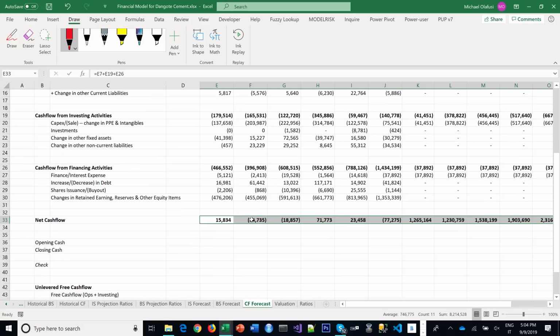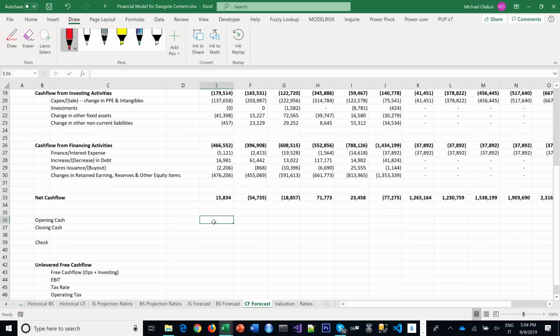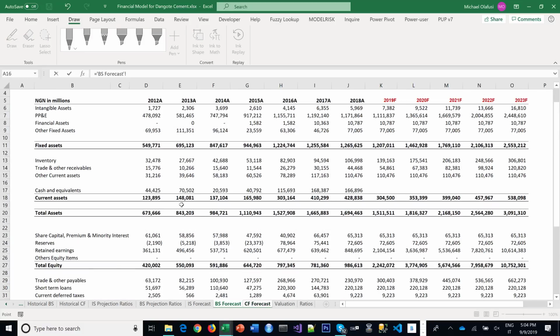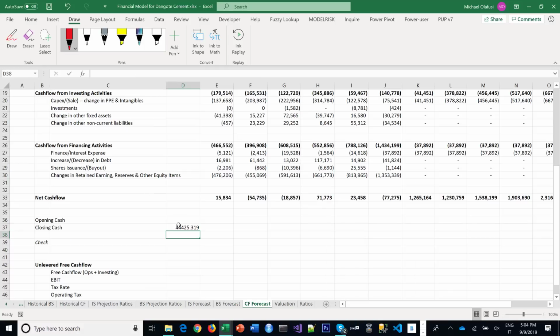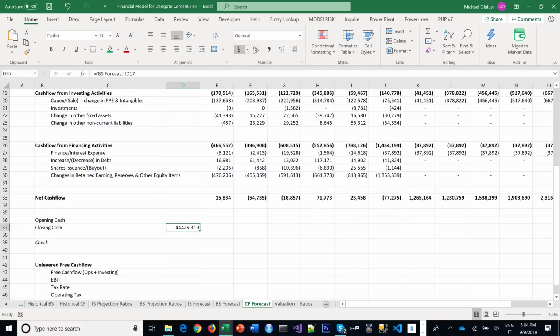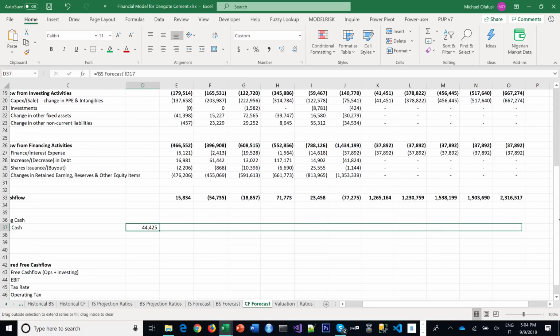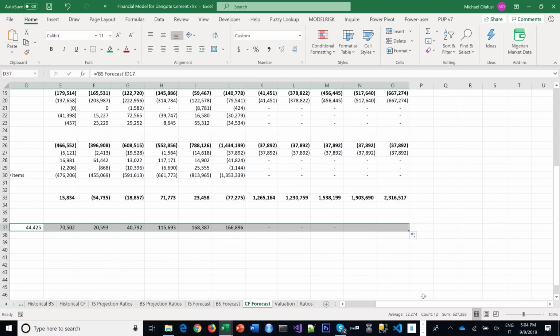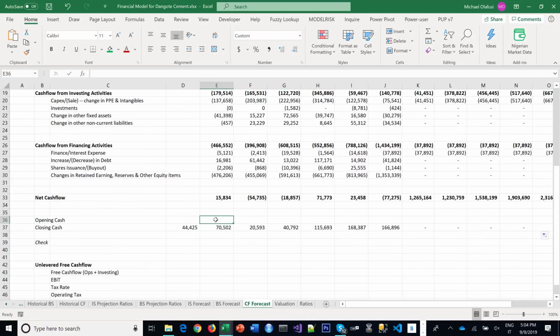And then I'm going to now check if what I've done is correct. So let's go and pick the closing cash from the balance sheet. The cash and cash equivalent in the balance sheet is the closing cash. So I can pick that and drag into the future years, and the opening cash for this year is the closing cash of last year.